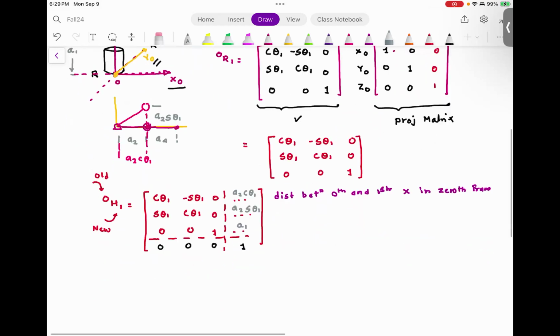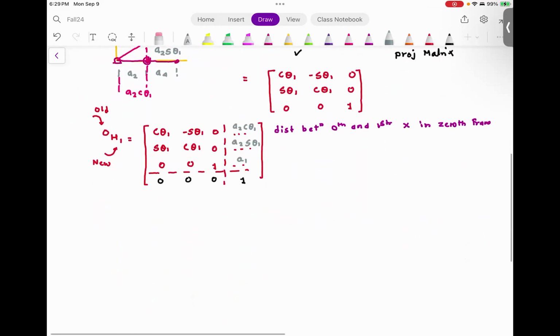Now, our homogeneous transformation between the first frame and the zeroth frame is done. Now we are going to go from the first frame to the second frame, so 1 R2.